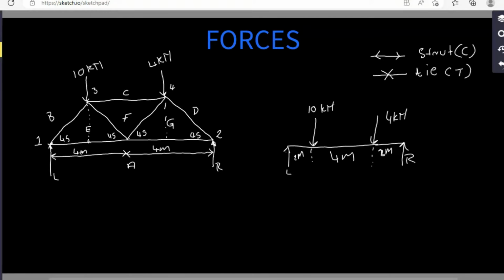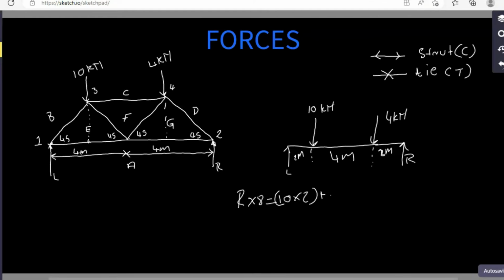Then from here our job is to calculate the reactions. So first we are going to take moments about L, that will give us R times the distance from L to R, which is 8. I'm sure you know how to calculate reactions. The distance from this force to L is 2. They are going in the same direction with the 4 kilonewtons, therefore it's positive.